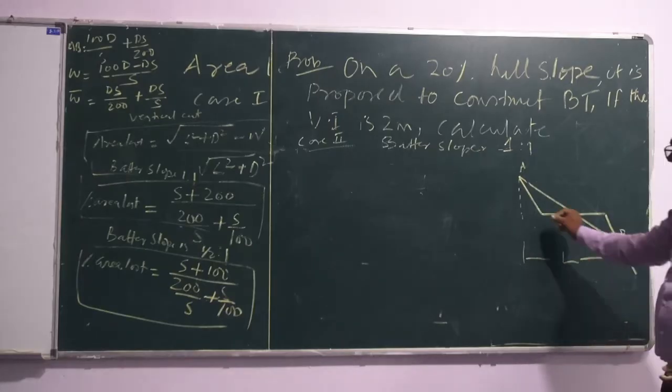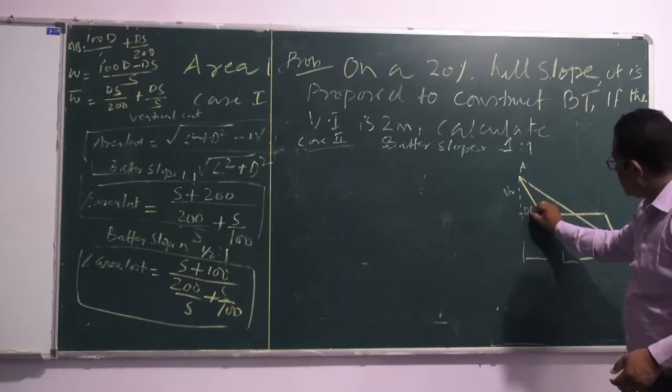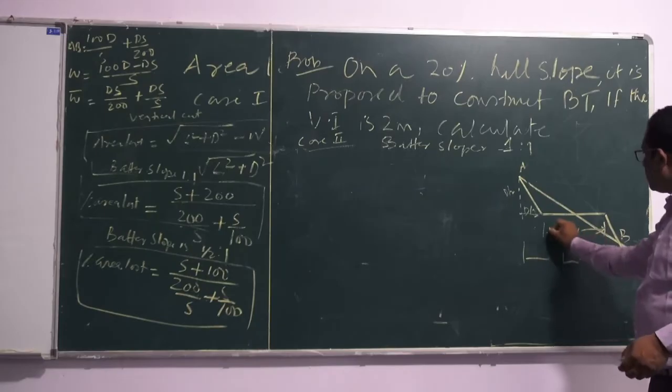This is the basic figure. If this is D by 2, this will also be D by 2. This is your width of the terrace.